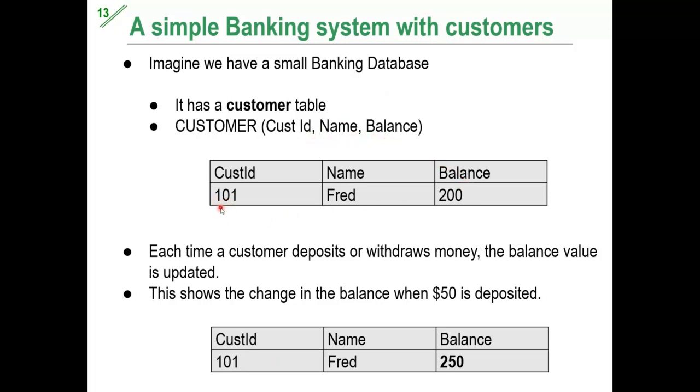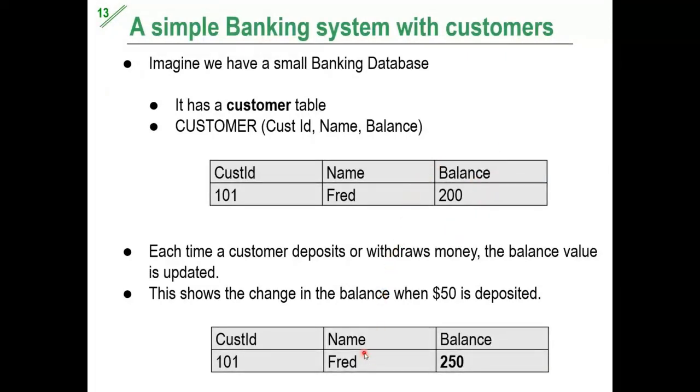For example, I have customer ID 101. I have one customer, his name is Fred, and at the moment he has $200 as a balance. Now, each time the customer does a particular transaction like depositing, withdrawing, or paying bills, something like that, this balance needs to be updated, right?